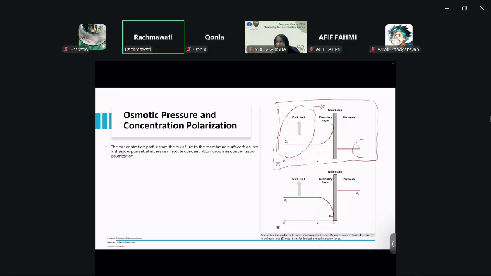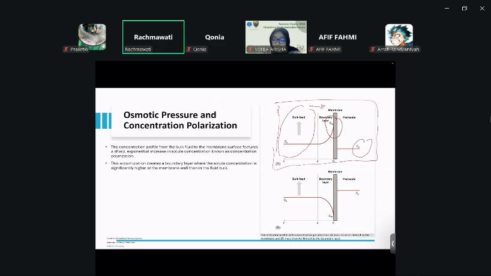This one here is the permeate concentration, and this accumulation, the increase of the concentration on the surface of the membrane, will create a boundary layer. So you have an additional layer on top of the membrane, okay?